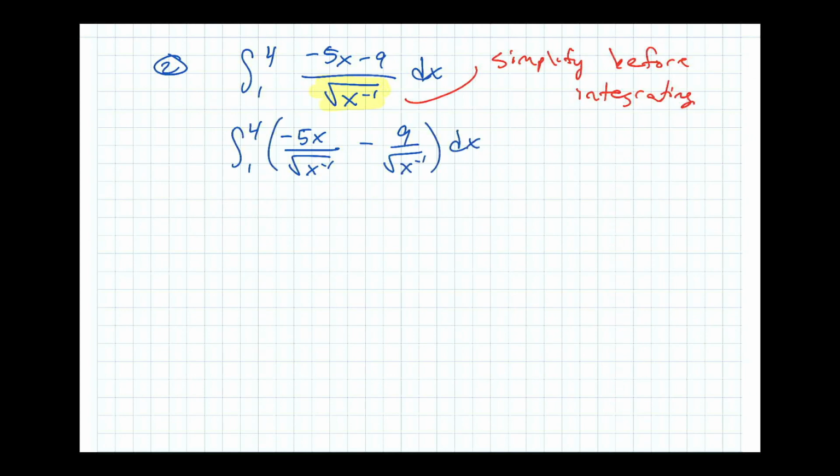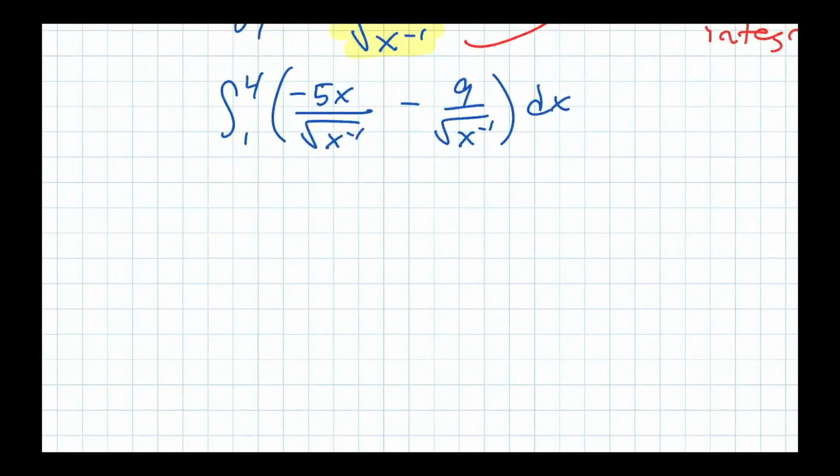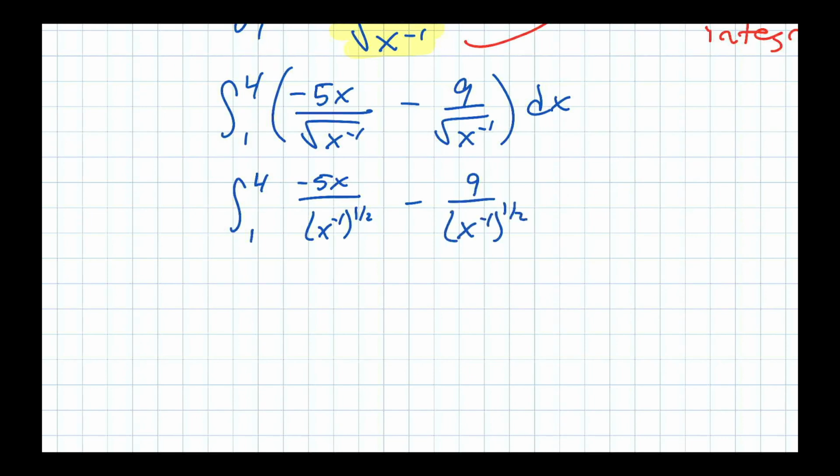It's kind of a dumb integral, to be honest. Then you have to remember that a square root is a 1/2 exponent. So this is negative 5x over x to the negative 1 to the 1/2. And then 9 over x to the negative 1, the 1/2.